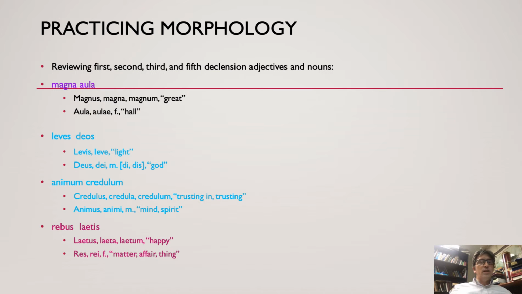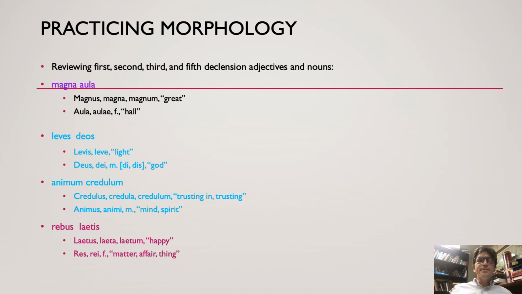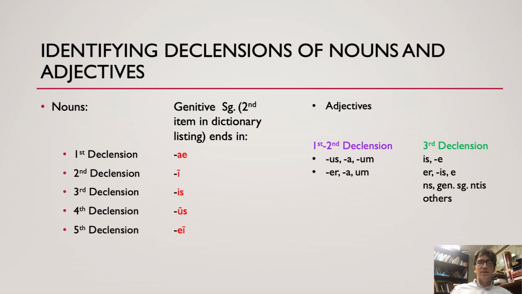We look at animus, animi. Oh, one other I. Here again, this is a second declension noun. And finally, we look at res, rei. That EI of res, rei tells us that this is a fifth declension noun, looking back at our list.